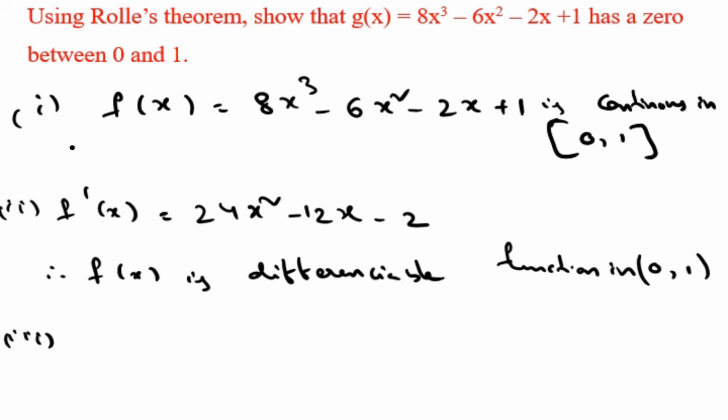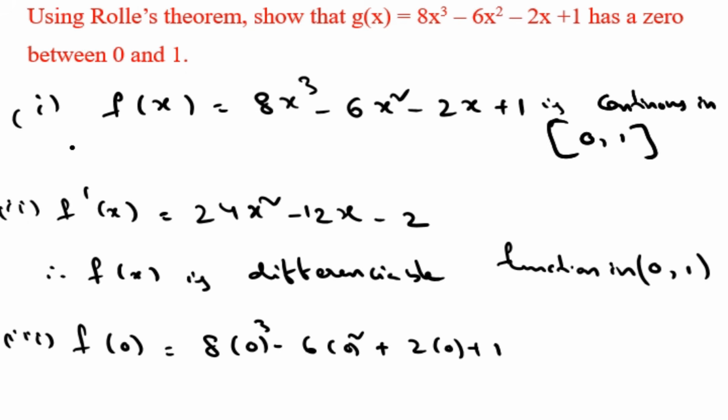Now f of 0 is equal to 8 into 0 cube minus 6 into 0 square minus 2 into 0 plus 1, which is equal to 1.